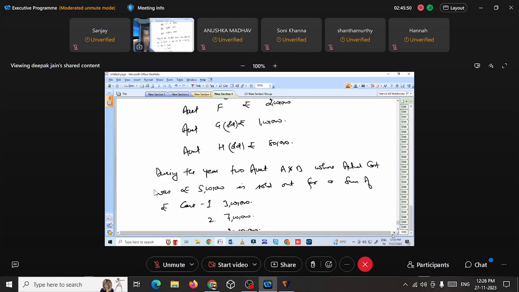Two assets A and B, actual cost 5 lakh, sold out for a sum of rupee: situation 1 3 lakh, situation 2 7 lakh, situation 3 20 lakh. You have to compute closing WDV, depreciation, next year WDV, capital gain or loss if any.